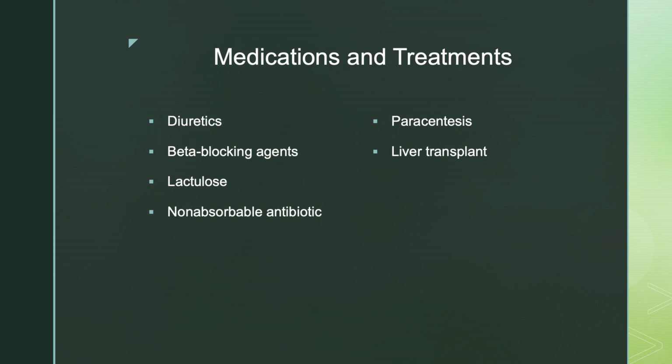And then we could also use non-absorbable antibiotics. These can be used in place of the lactulose. Some therapeutic procedures are also going to be paracentesis, also to get the fluid off of the body, as well as liver transplant if they're a candidate for that.